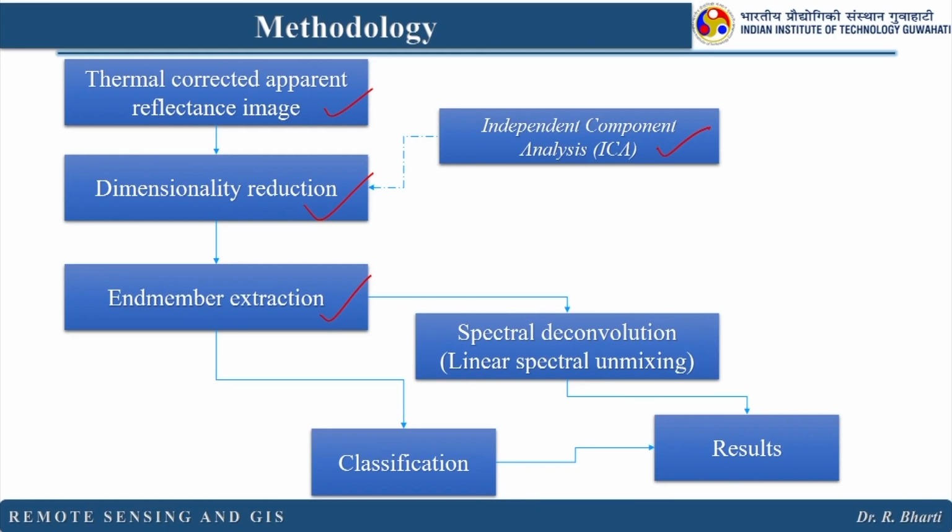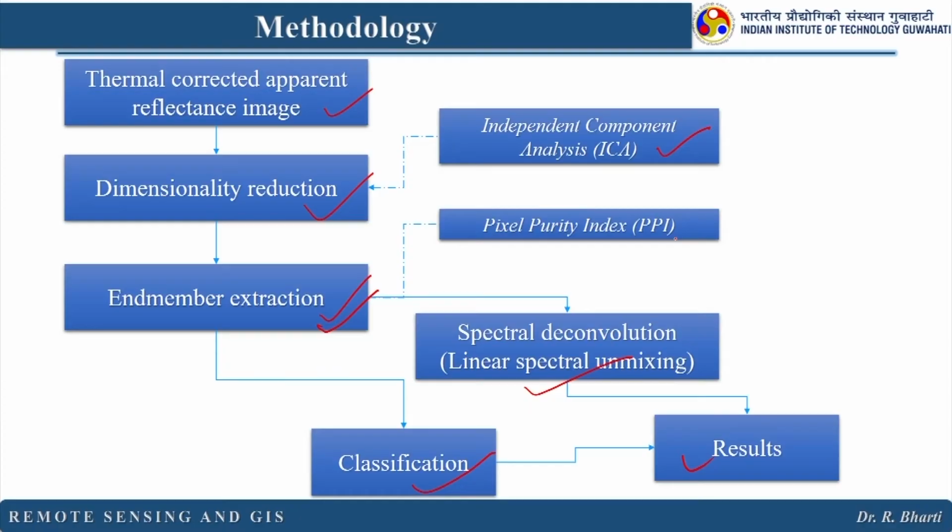The identified inherent dimensionality of the M cube image was used to extract the end members, and then we matched them with the library spectra, and here we performed the classification, and finally we arrived at the result. For this we have used PPI, and for classification we have used SAM.